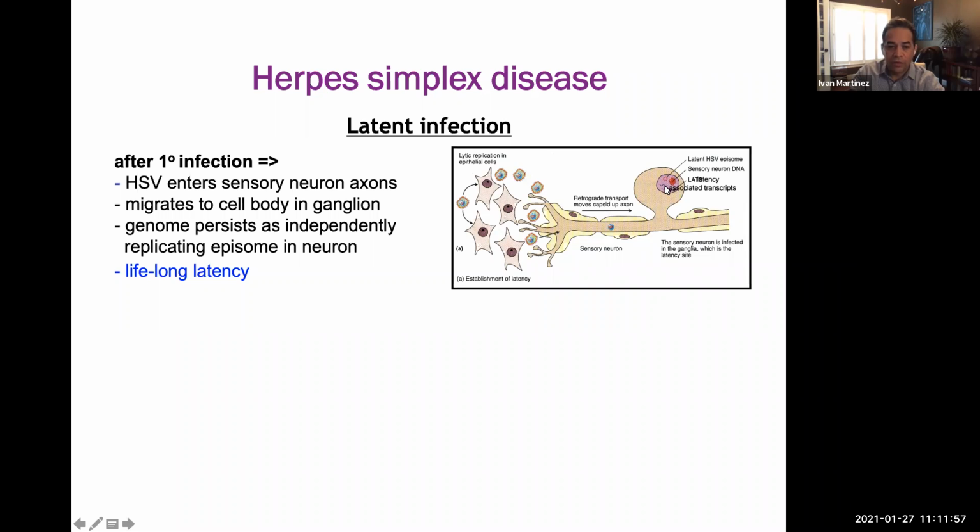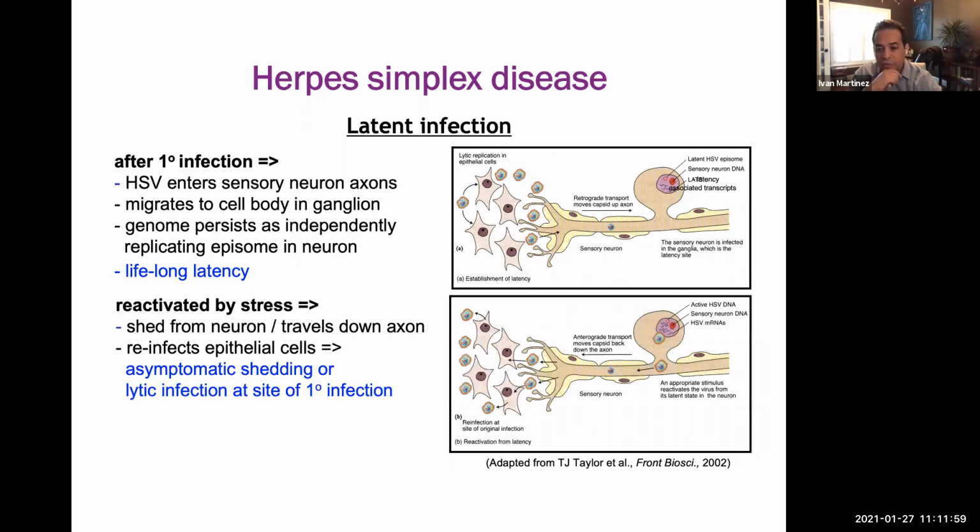And then, of course, it could be several weeks, months, or even years later, when, due to physical or even mental stress, these viruses in a dormant state get activated. They are then able to migrate back to the area of the primary infection, or close to it, and reinfect the epithelial cells.